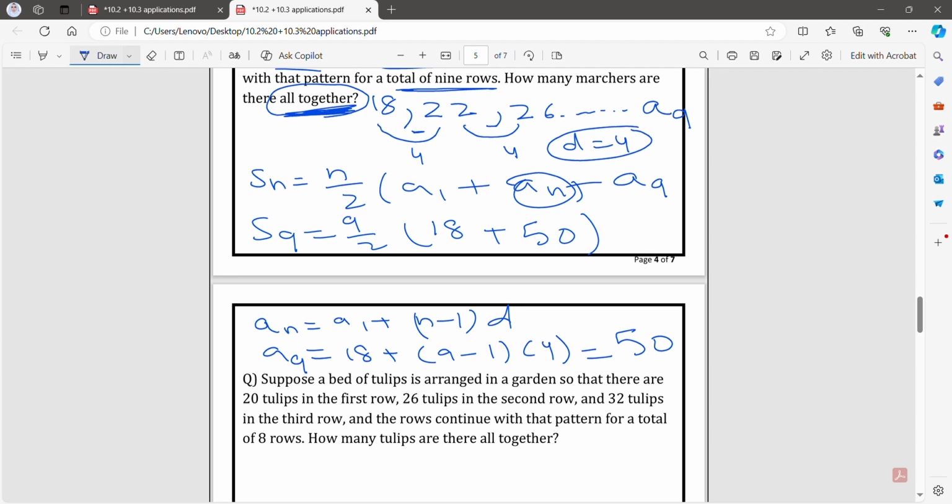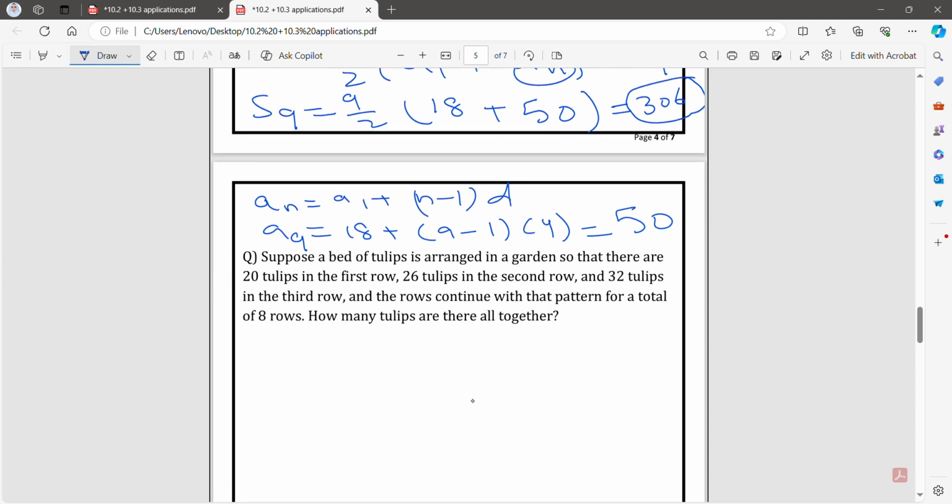So here is 9 upon 2, and then 18 plus 50. Our sum is 306. Now let's go to the second question.